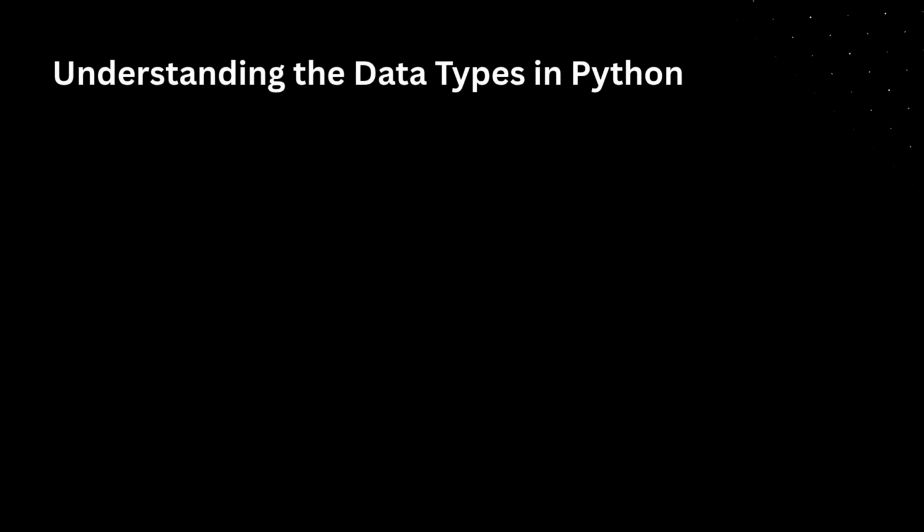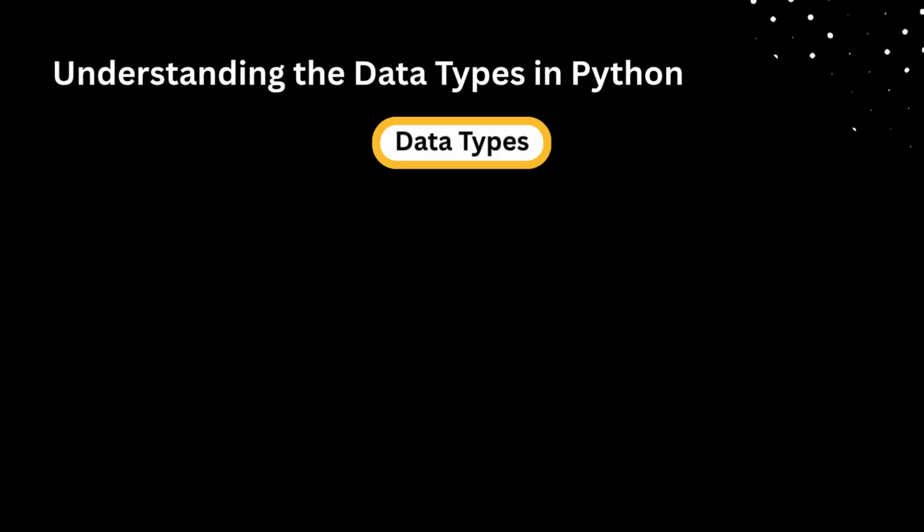Understanding the data types in Python. In Python, everything is treated as an object. This means data types can be thought of as classes, while variables act as instances of these classes.